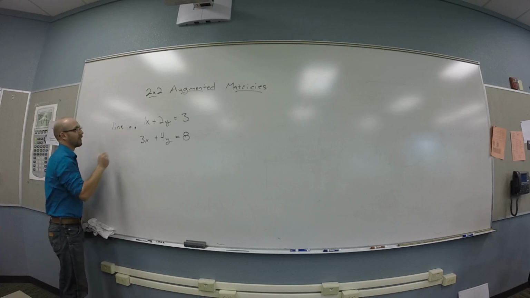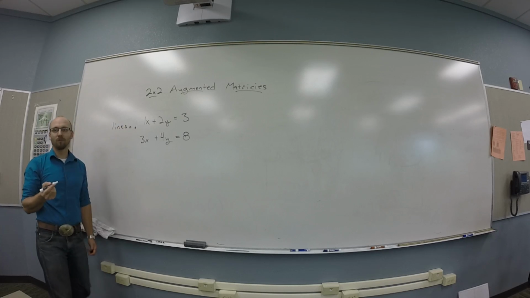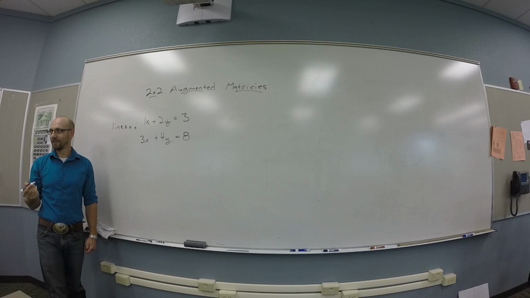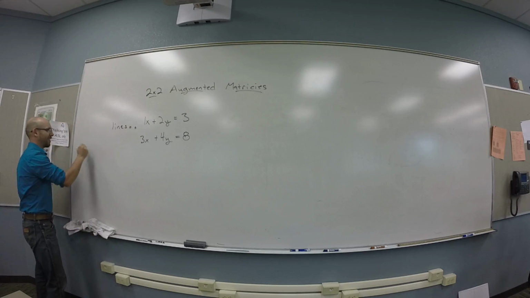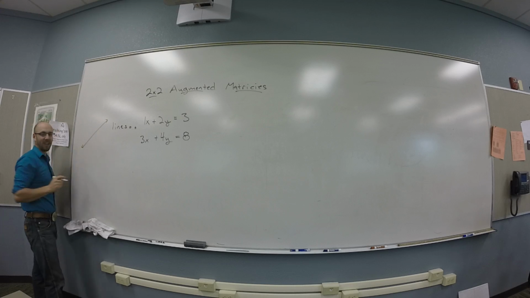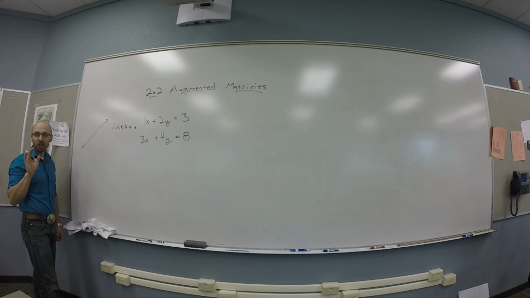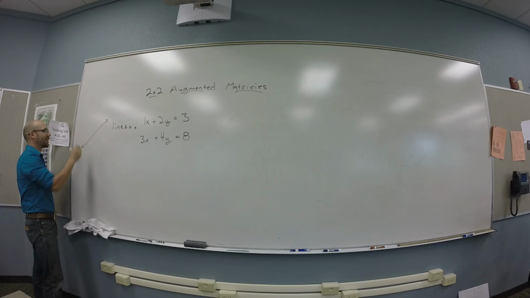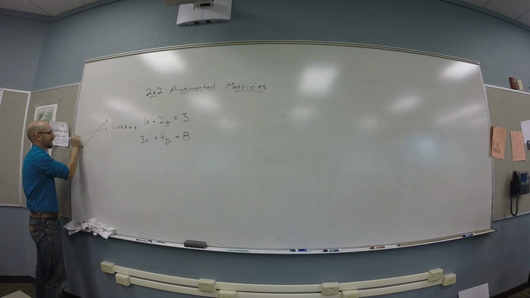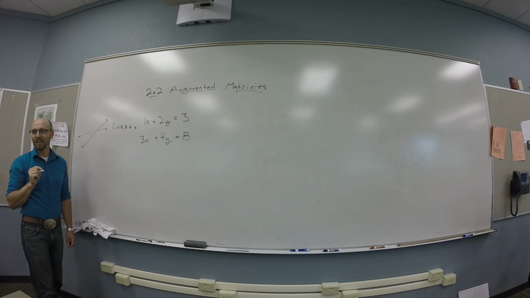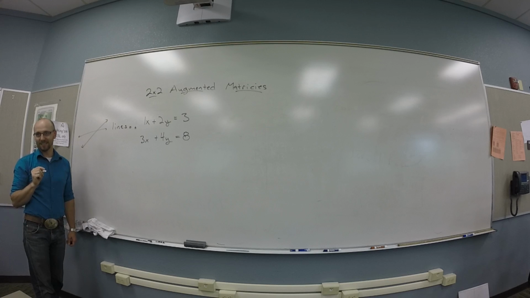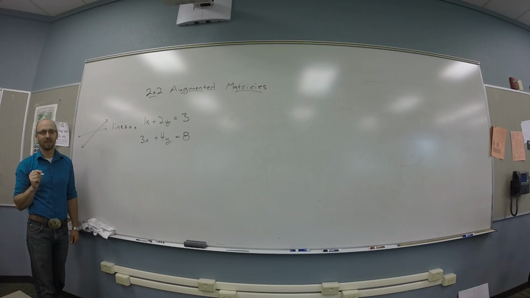Okay, so if these are lines, in general, what do two lines look like? Okay, good. There's a line like this, and then generally there's some other line that might look like this. You guys see that? This is the general case. This is what happens most of the time. It is not what happens all the time. Okay.